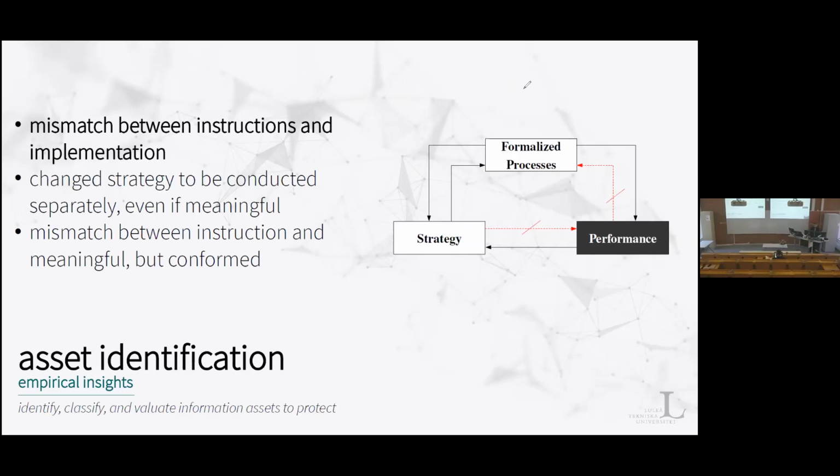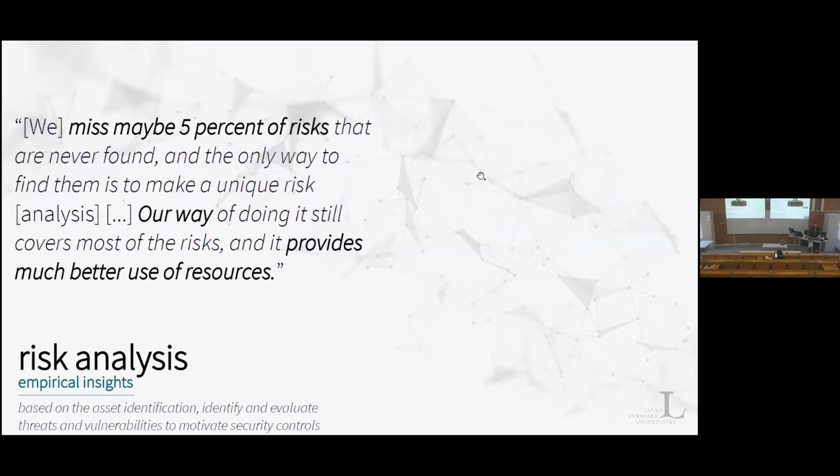What about the next risk management activity, the risk analysis? I read another quote from one participant saying, we miss maybe 5% of risks that are never found, and the only way to find them is to make a unique risk analysis. But our way of doing it still covers most of the risks, and it provides a much better use of resources.